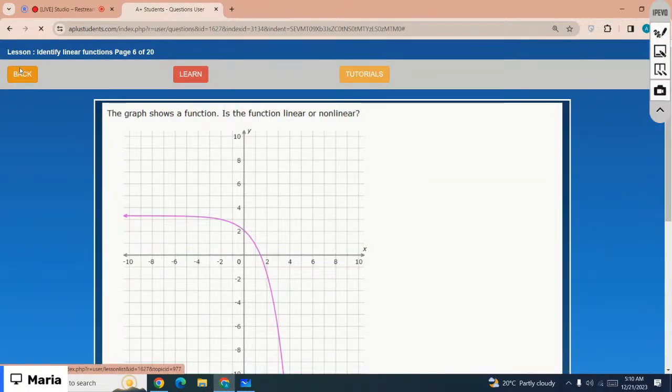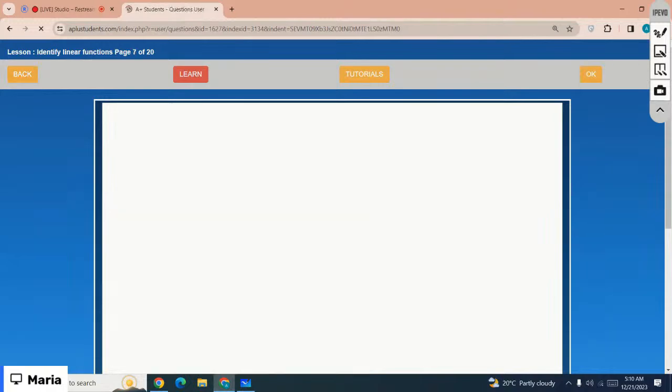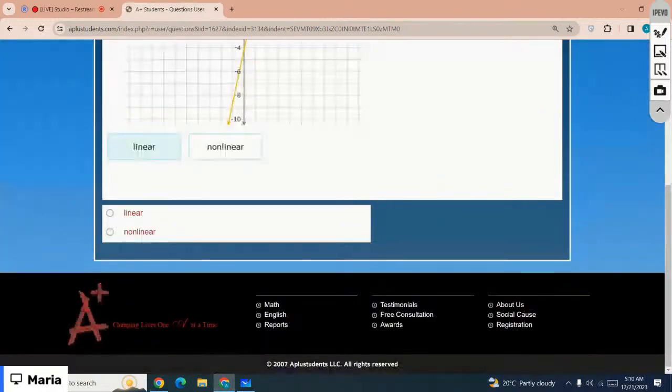The next lesson is how do we find the slope. So what do you know about the slope? What is slope? Why do we calculate the slope?